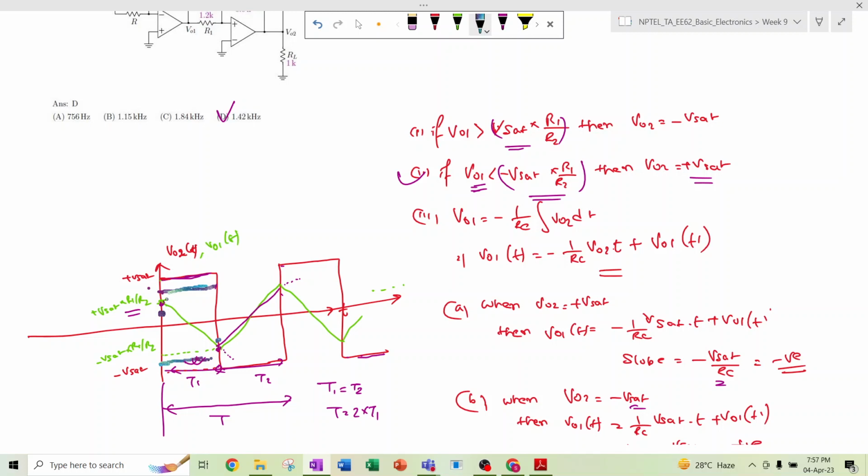So the scale will only reduce, but the frequency will be the same. So we can change the amplitude of the square waveform or the triangular waveform by varying the Vsat value, right? And we can change the frequency of these two waveforms by varying the component values, that is the R value, C value, R1 value, and R2 value, right? Okay.